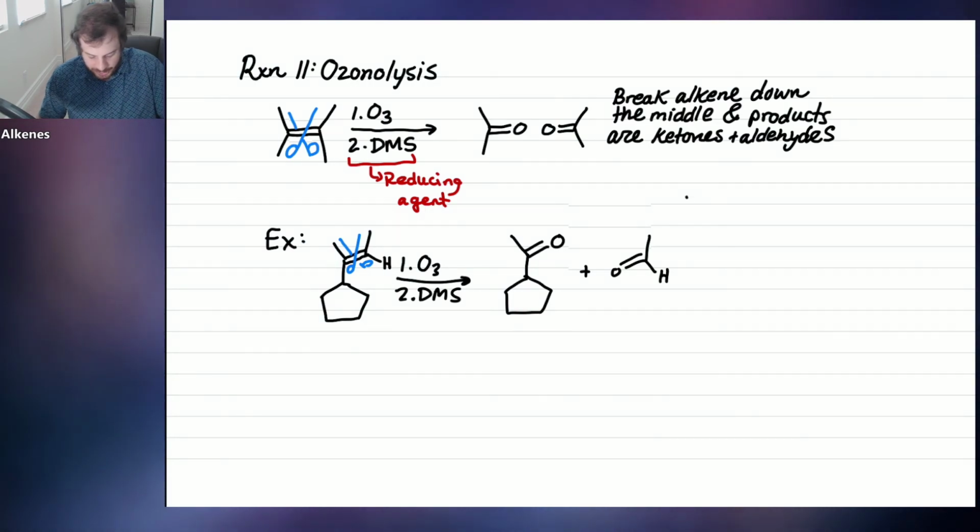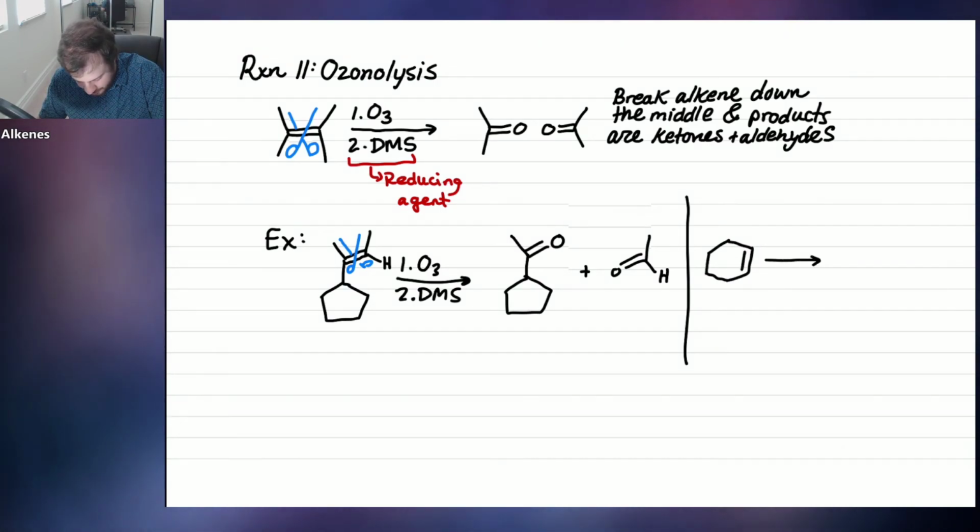All right, let's do one more just for fun. What if we had an alkene in a ring? No problem. Same thing is going to happen. Let's get our molecular scissors going. Okay, there they are. And now this is interesting because we're going to cut the alkene, but it's still connected along the left-hand side.